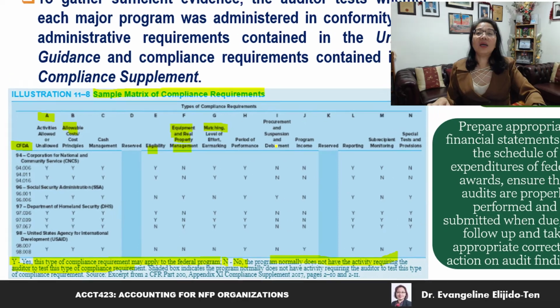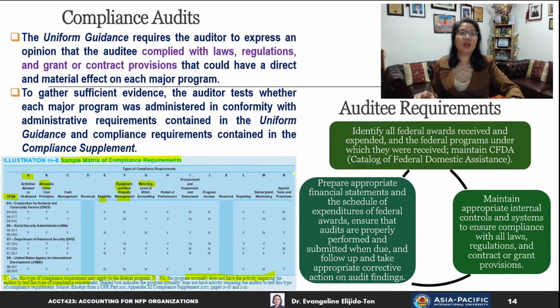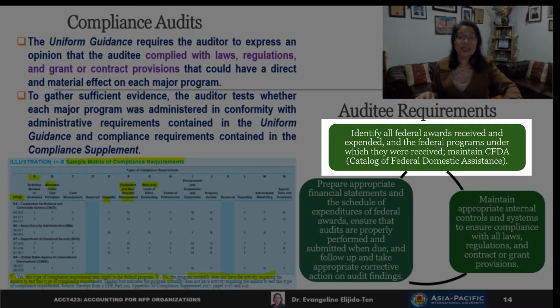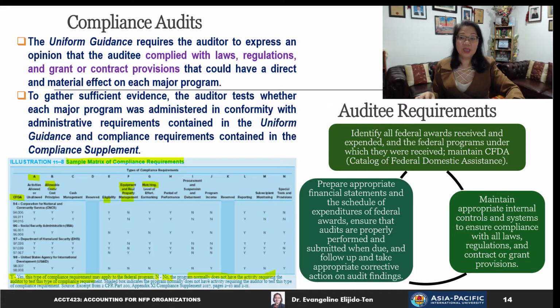Now, what are the auditee requirements? Well, whilst the auditors have requirements in ensuring that compliance audits are adhered to, auditees have the requirements, firstly, to identify all federal awards received and expended, and the federal programs under which they were received. So it is the auditee's job to maintain the catalog of federal domestic assistance, CFDA.